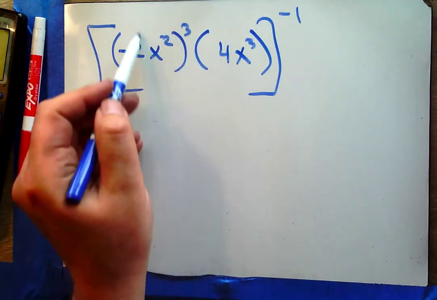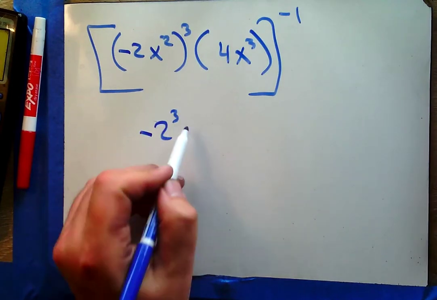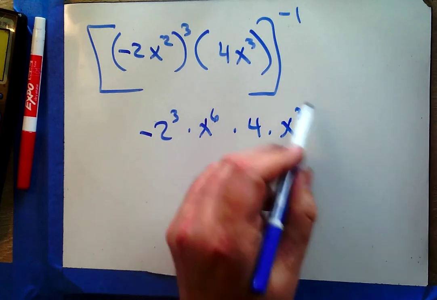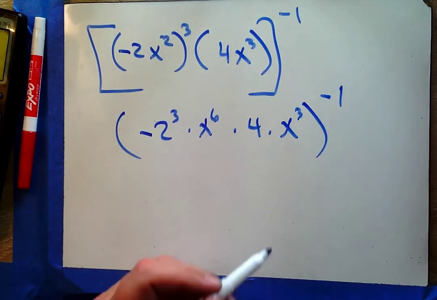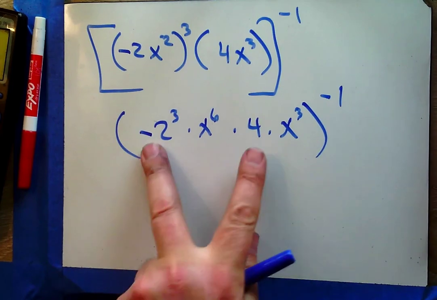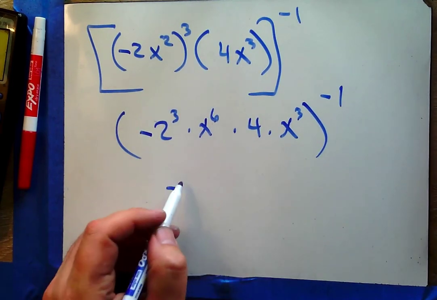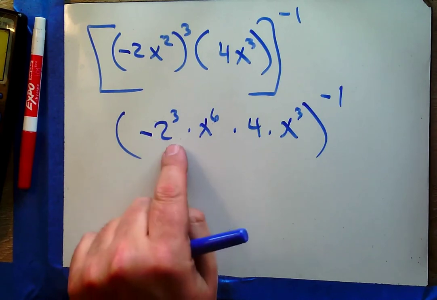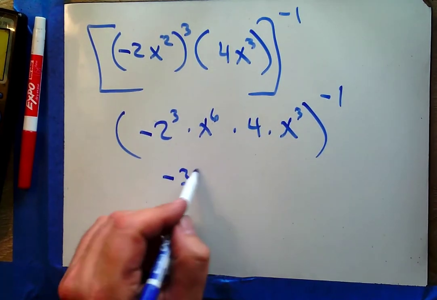I need to apply that exponent. So negative 2 to the third, x to the 6th, times 4 times x to the third. All that to the negative 1 power. Well, I want to tidy up what's here first. Negative 2 times 4. 2 to the third is 8. Negative 8 times 4 is negative 32.